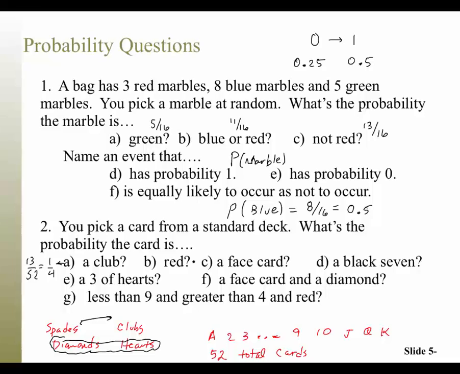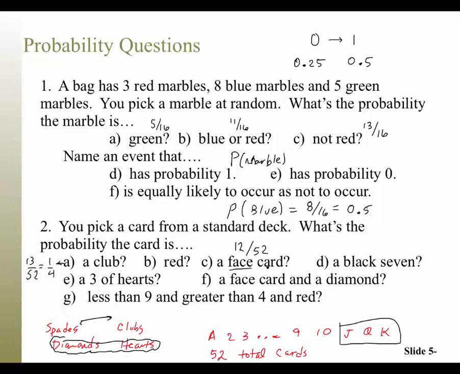Probability of a face card. Ashlyn, did you get that one? 3 out of 13. And how did you get that? Okay, in each suit, you've got 3 face cards, so that makes 12 total face cards out of the 52. The way you can know if it's a face card is if it has a face on it. A common mistake is that the ace is thrown in there with it.